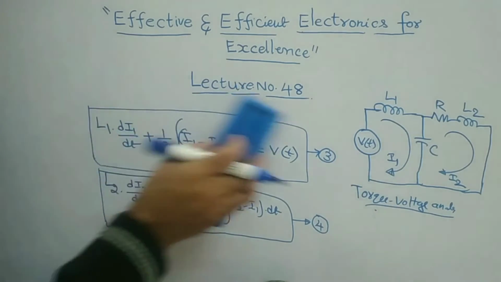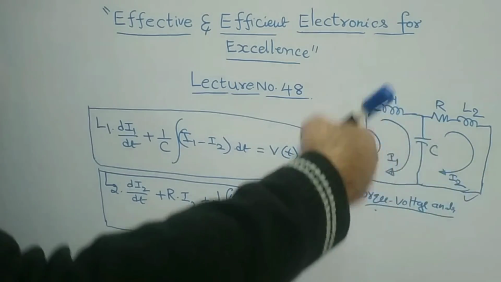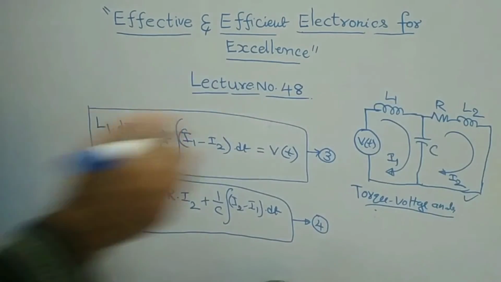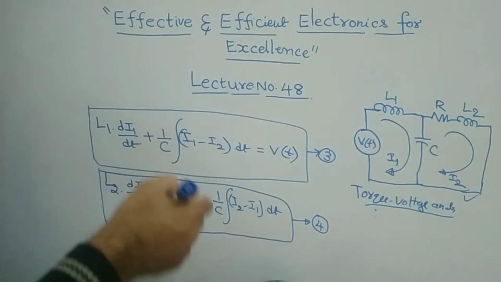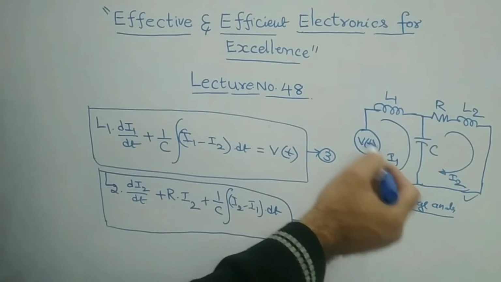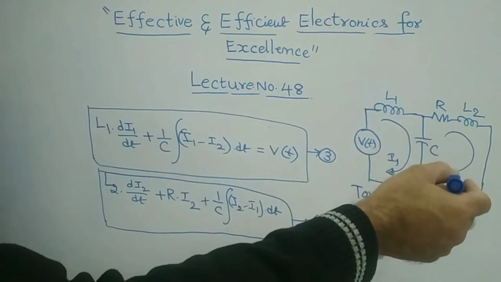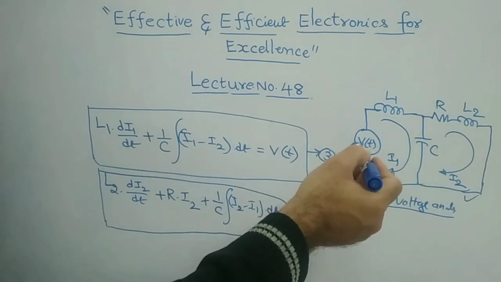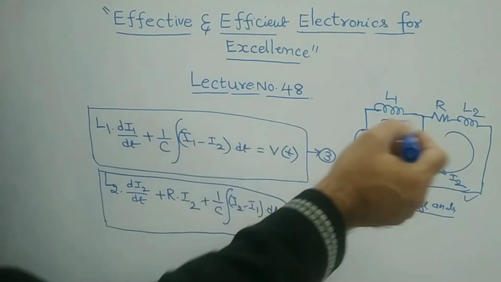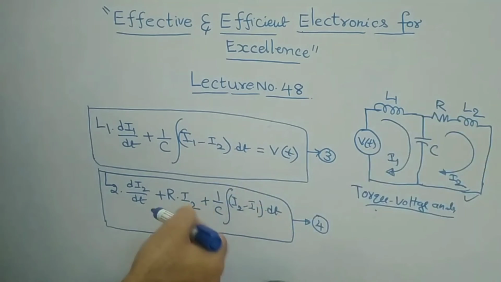This is finally your answer using torque voltage analogy, the electrical equivalent circuit. So L1 into di1 by dt plus 1 by C integral of I1 minus I2 is equal to V of t. Clear from the first circuit and first equation. Similarly, for the second, if you write the expression, this is the answer for that.